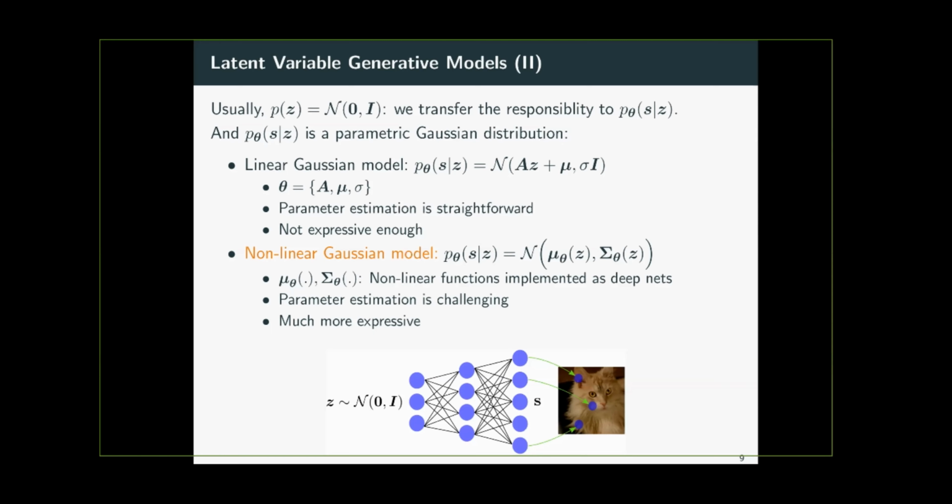It could be something completely different. The problem is that because these are nonlinear, the parameter estimation is challenging because we cannot compute the integral in closed form. But the huge advantage is that the nonlinearity makes the generative model much more expressive, and we can actually model complex data with it. So it is very interesting for this reason.